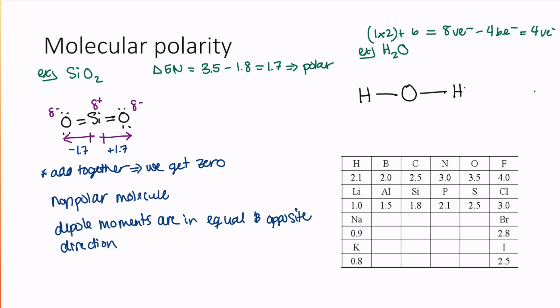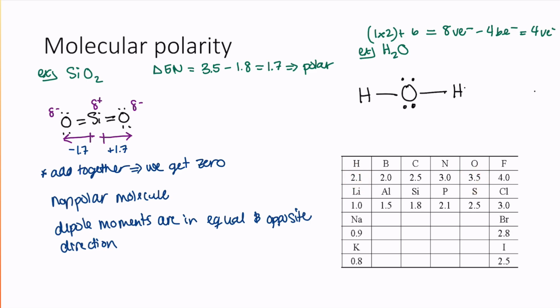I hope you can see that if I distribute the electrons around my outer atom first, I'm not going to be able to distribute any of them because hydrogen cannot hold any more electrons. So that means I have to go to my central atom. I can already tell that the delta EN for hydrogen and oxygen is going to be polar because there's a large difference in electronegativity.